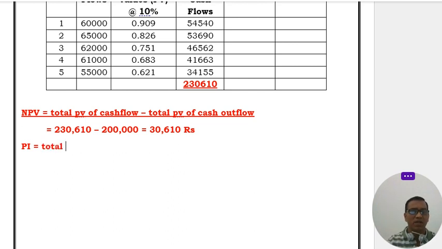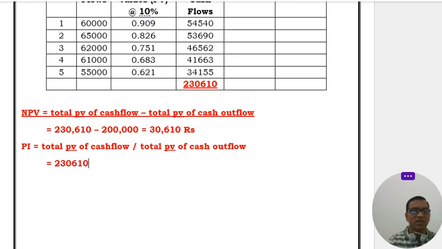Formula: total PV of cash flow, that is cash inflow, divided by total PV of cash outflow. Outflow is nothing but cost of the project, initial investment, that equals 230,610 divided by 200,000.